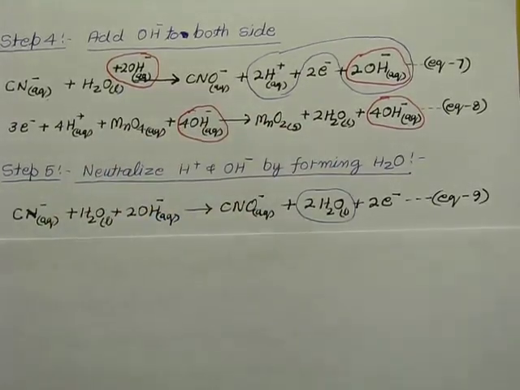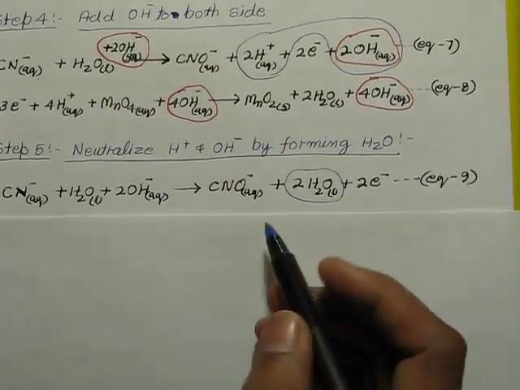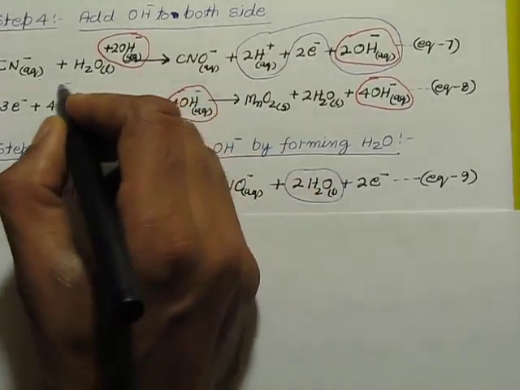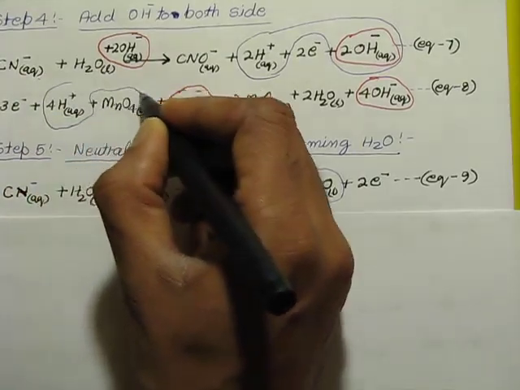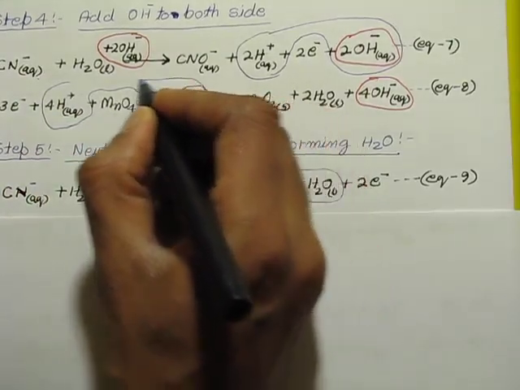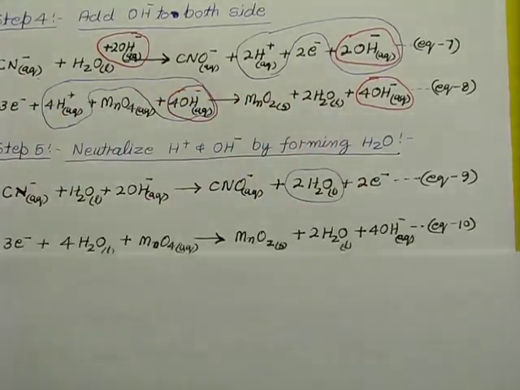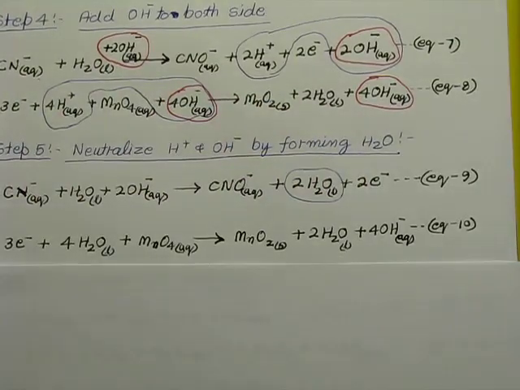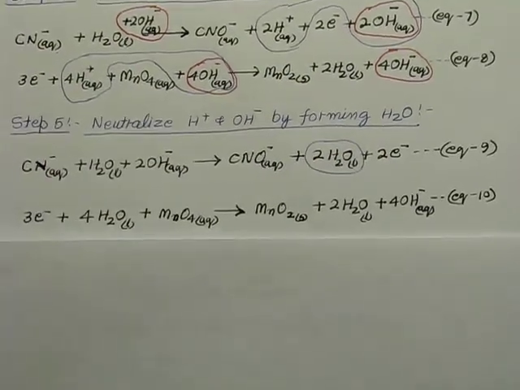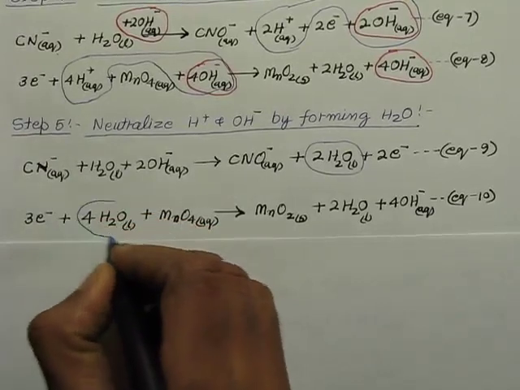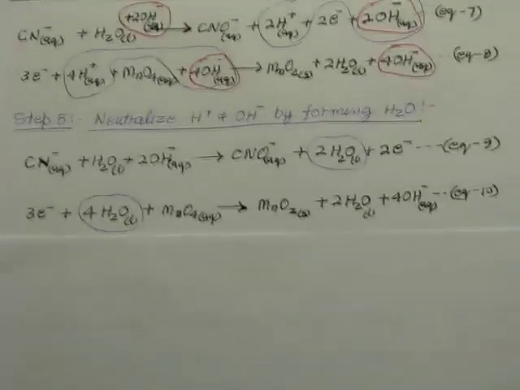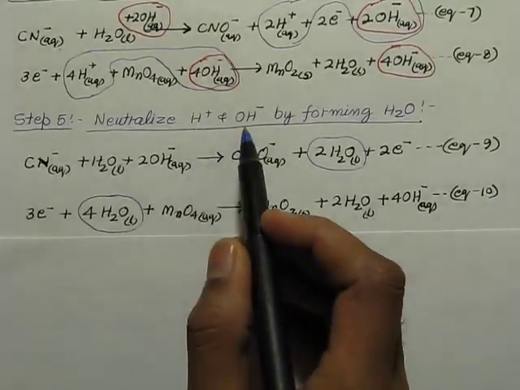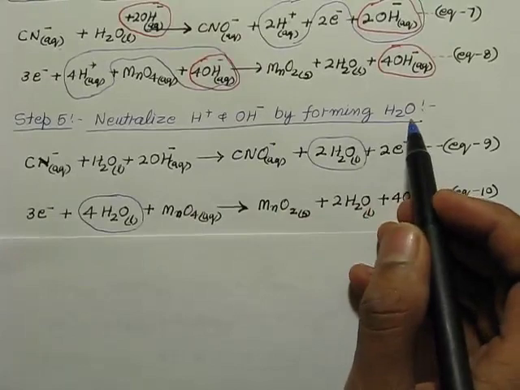And in case of equation number 8, there are 4 hydrogen ion and 4 hydroxyl ion there. So if you neutralize these two, hydrogen and hydroxyl ion, you will get 4 water molecule. Basically you have to neutralize hydrogen ion and hydroxyl ion by forming water.